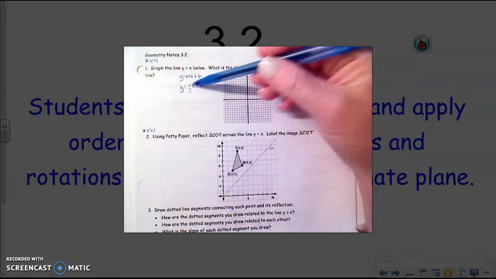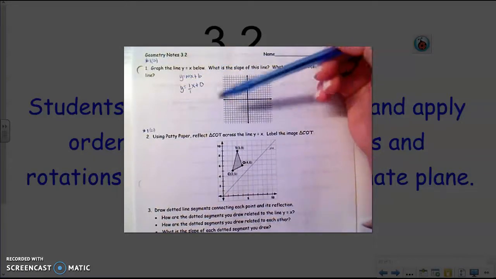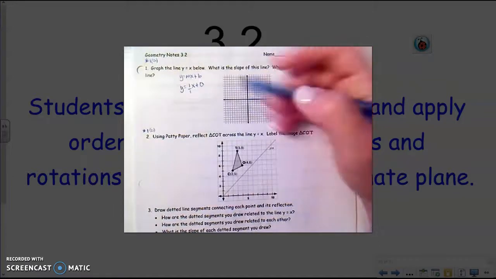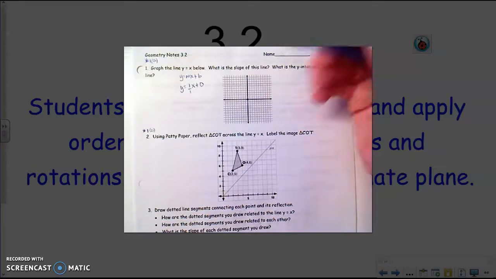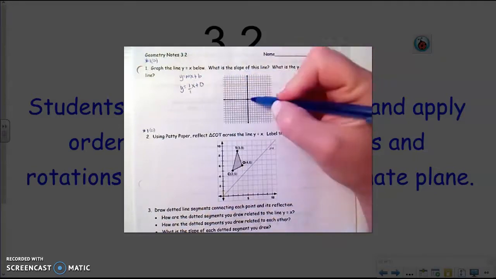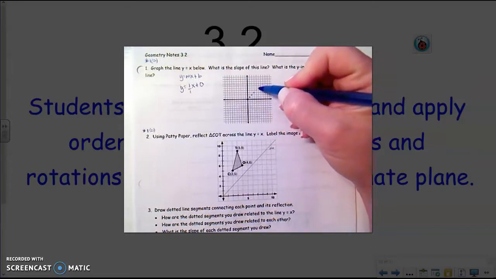If I write the equation like this, you should be able to see everything necessary to graph the line. The y-intercept is 0, so that means I'm starting at the origin. That's where it's crossing the y-axis. My slope is 1, so from that point I'm rising 1 and running 1, rising 1 and running 1. So these points are on my line.